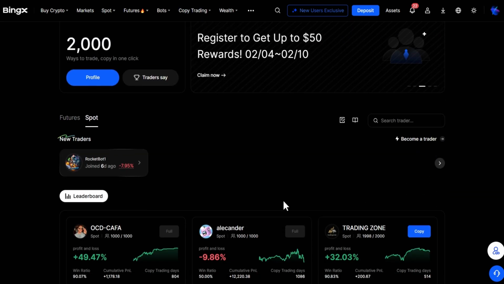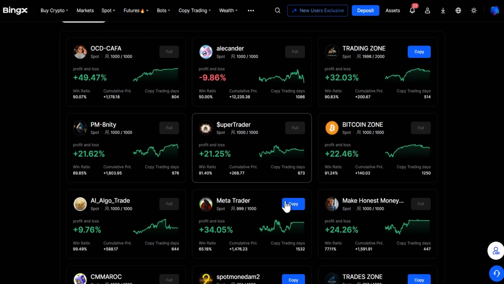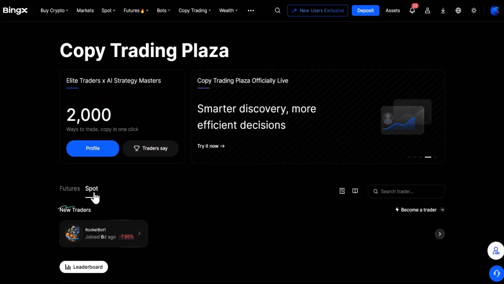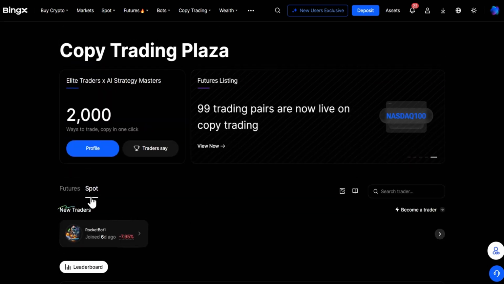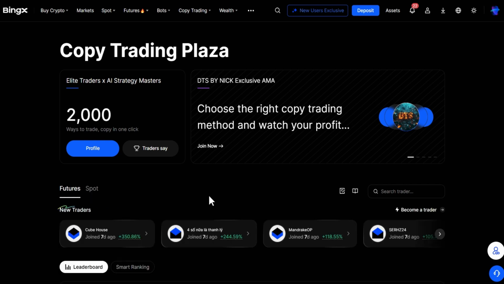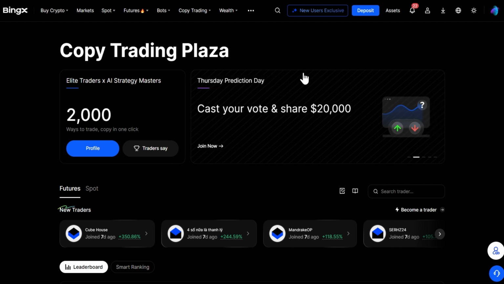Spot copy trading doesn't use leverage, so it's safer, but the returns are typically lower. For beginners, I actually recommend starting with spot copy trading to get comfortable with how the system works before moving into leverage futures. For this tutorial, I'm going to show you both, starting with futures copy trading, since that's where most of the action happens.